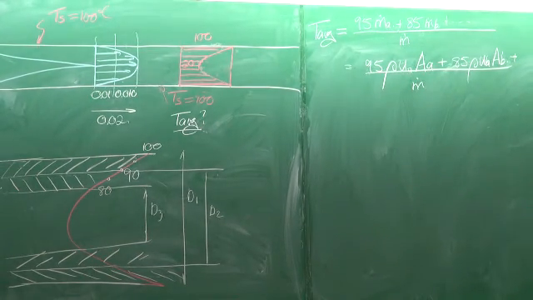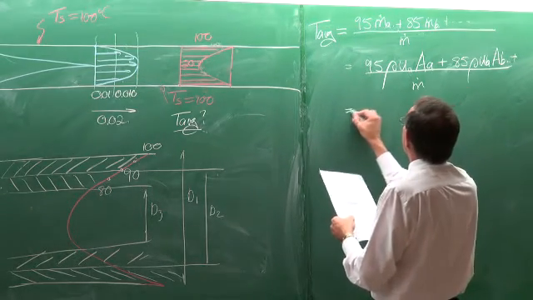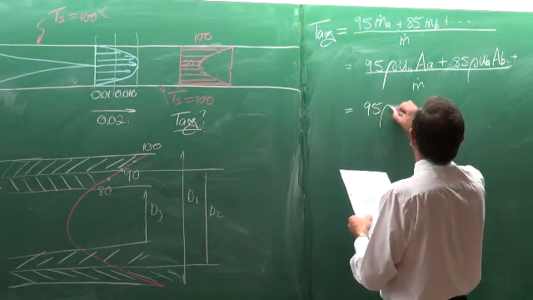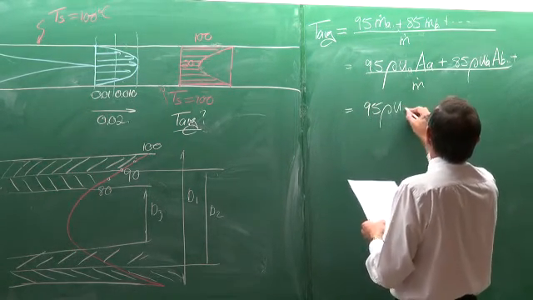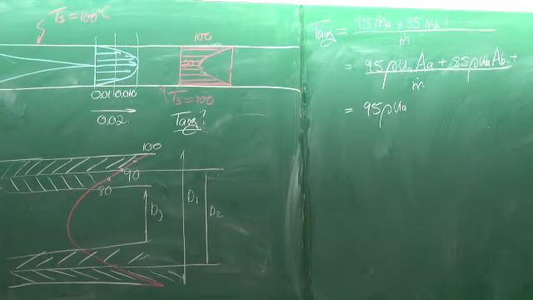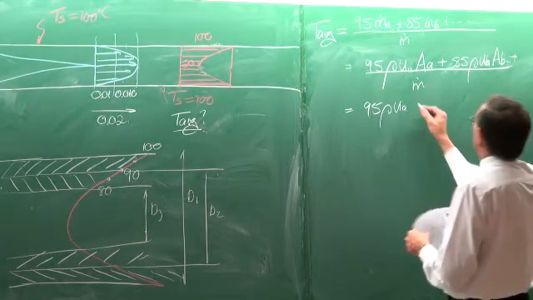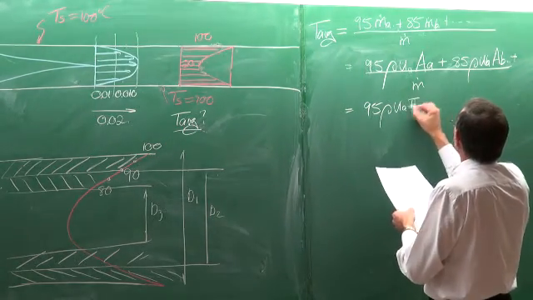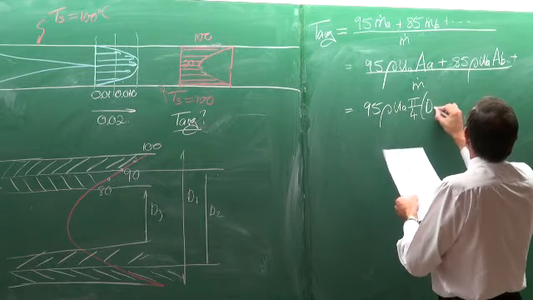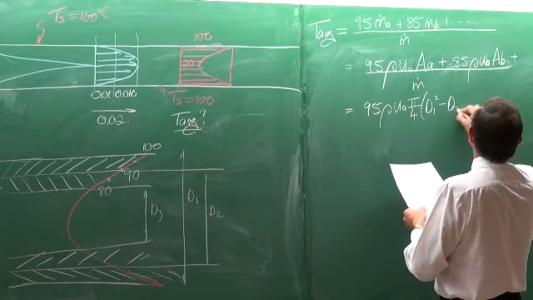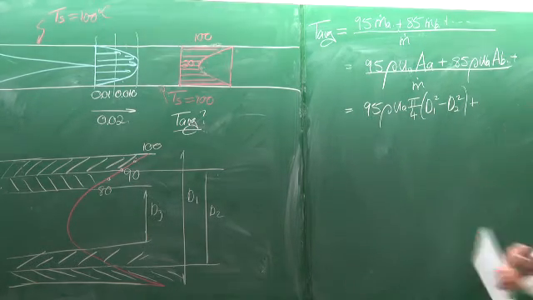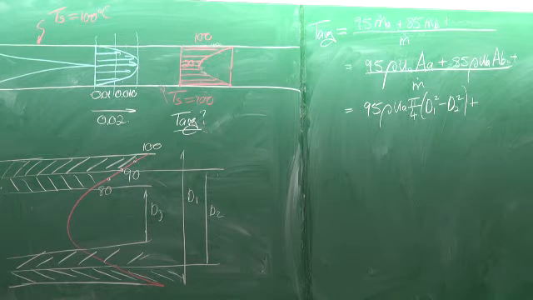Okay? And then I can write the area as 95 multiplied by the density, multiplied by the velocity at point A, multiplied by pi divided by 4, d1 squared minus d2 squared. Okay? All fine with me?